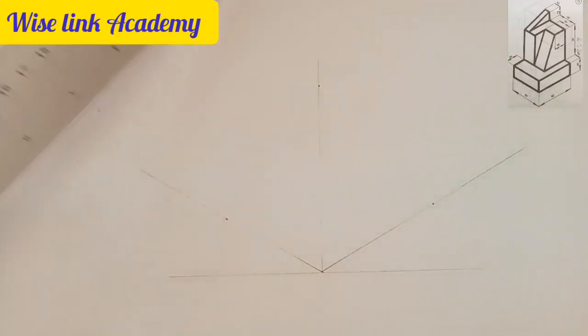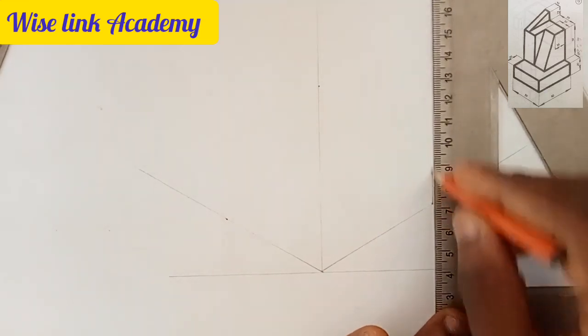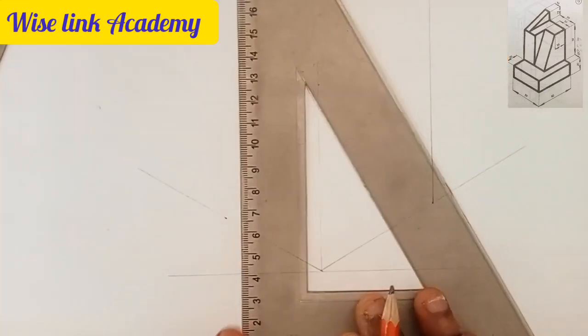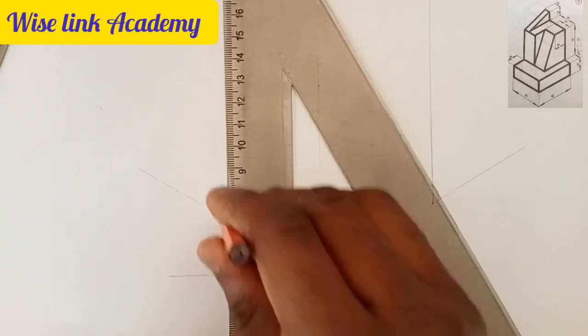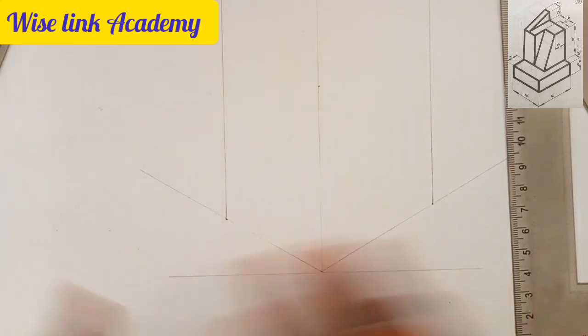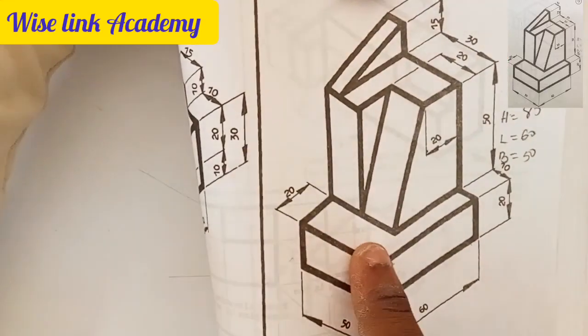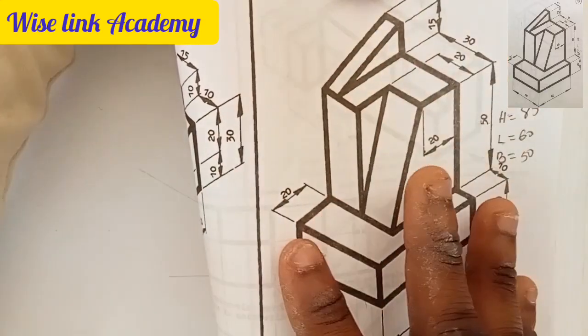What you just need to do now is take your set square like this from that point here upward, and come to this place upward, because it's an isometric. We need to draw a box for it, because every isometric drawing comes out from a box. This diagram I'm seeing here was in a box.